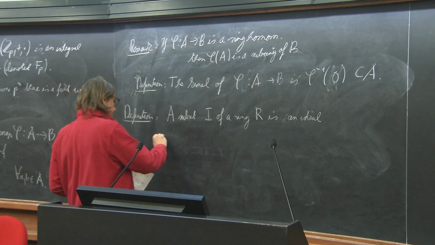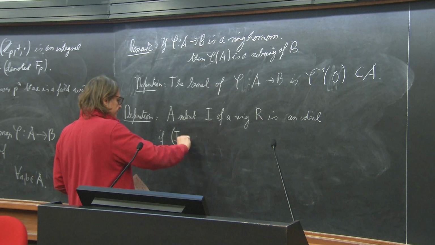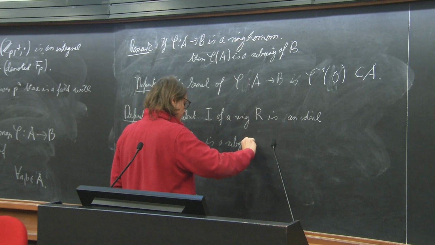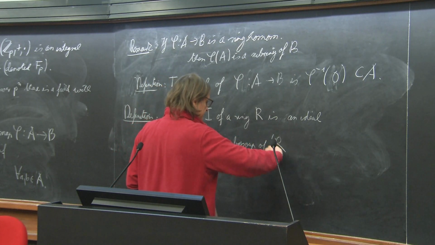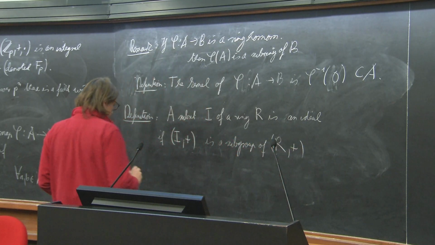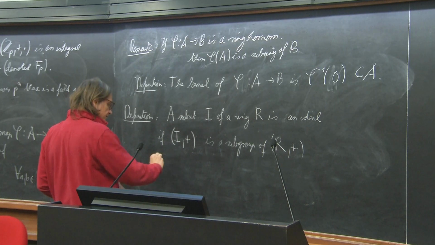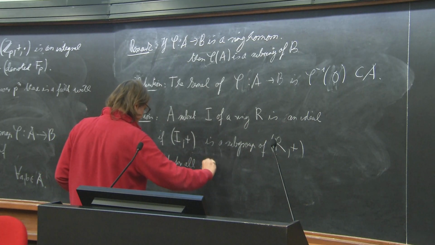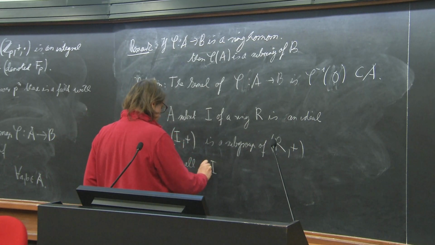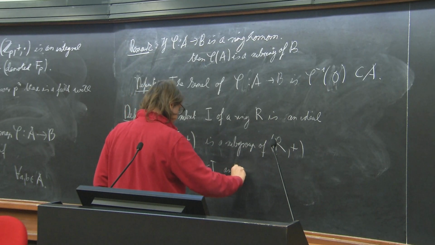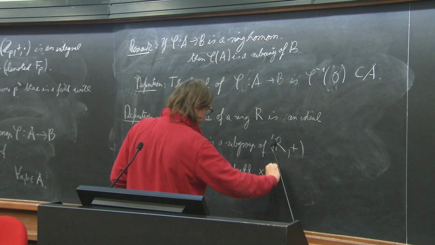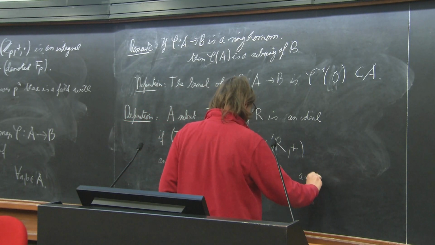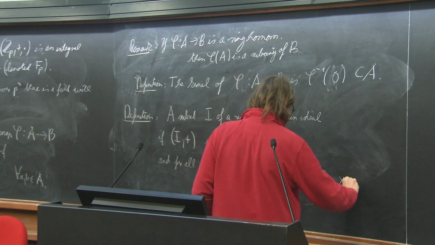So if I with addition is a subgroup of R with addition, and secondly, for all elements a in I and all x in the big ring, we have that ax is an element in I and xa is an element in I.